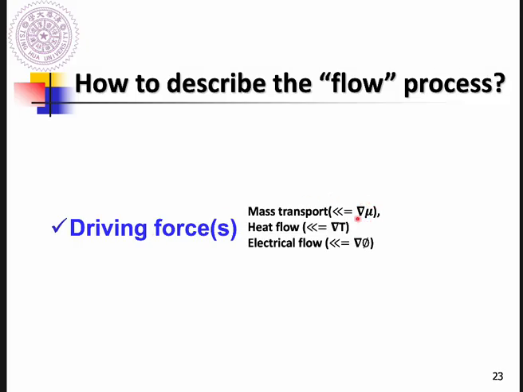So it could be a chemical potential gradient to drive mass transport, or a temperature gradient to drive heat flow, or an electrical potential gradient to lead the electrical flow passing through your materials.